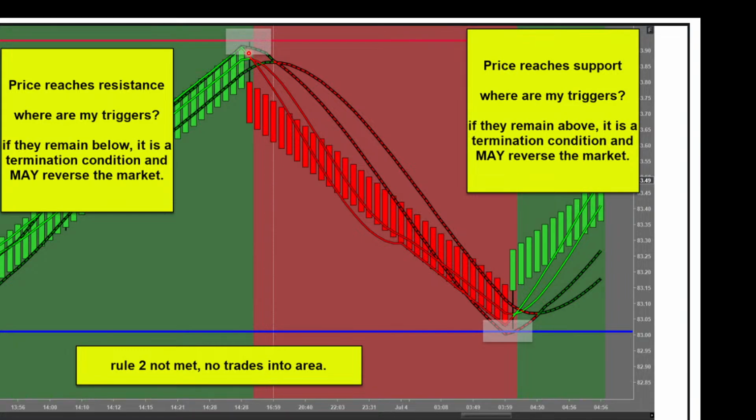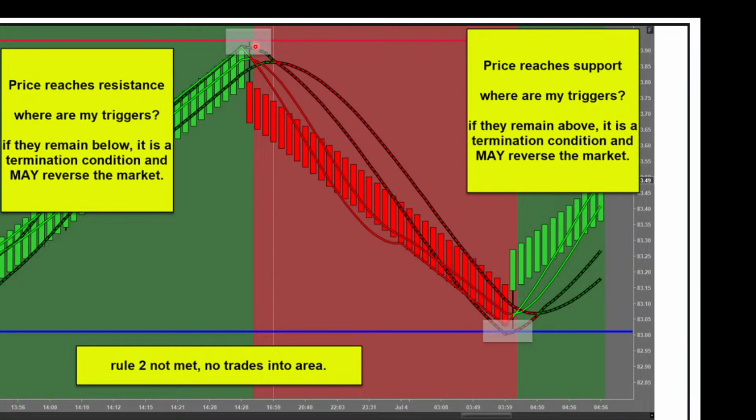So when it reaches and the triggers are below, there could be an untradeable bounce. It might break. There could be a fight that literally dissects this fib for the next hour as the two forces fight. Or it could even reverse the market completely. And that means that those large triggers, those slow triggers, the dash triggers, they pinch and roll from green to red.